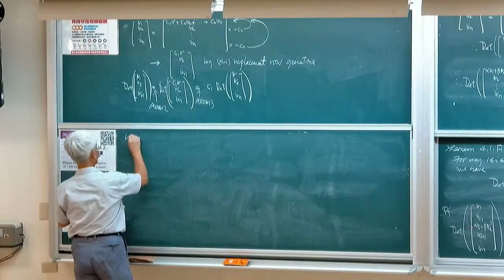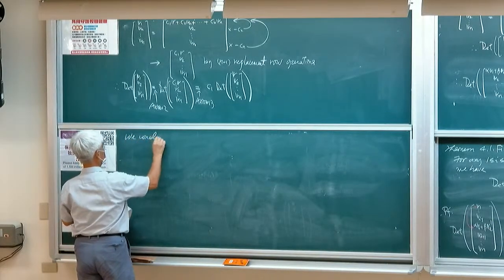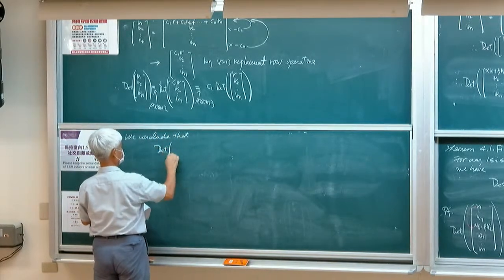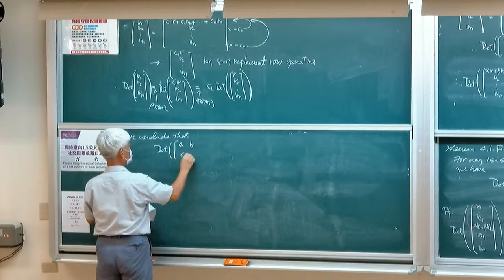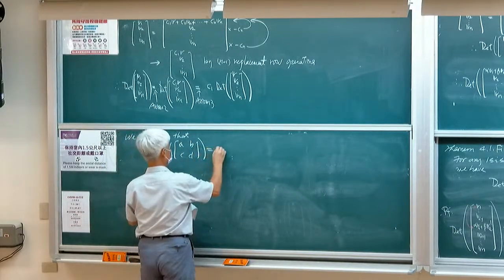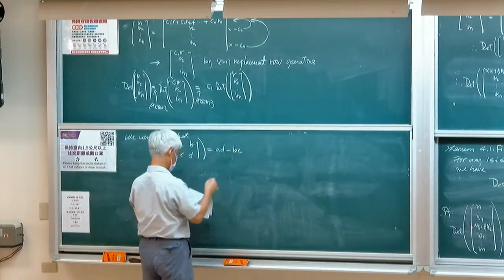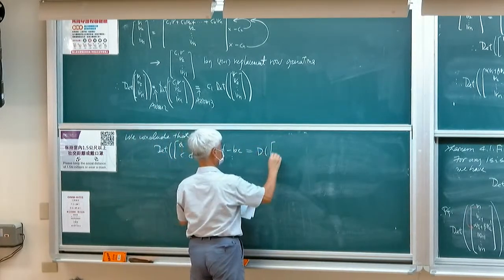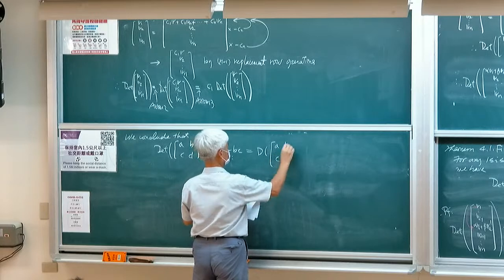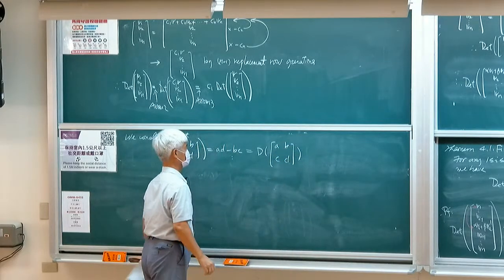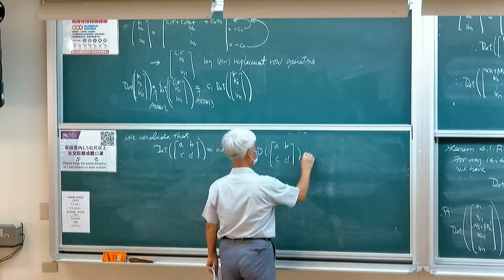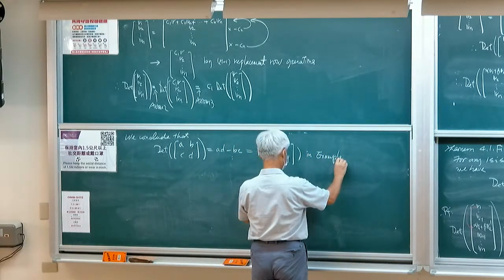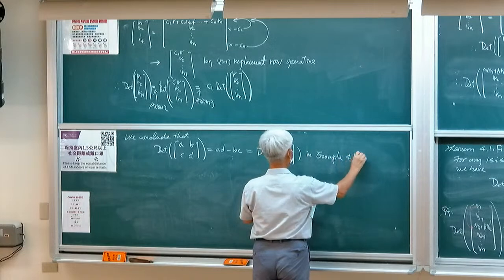So we conclude that the determinant of [A B; C D] is equal to AD minus BC. And this is just the D function in example 4.1.1.